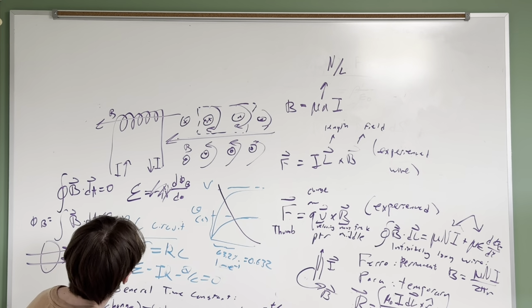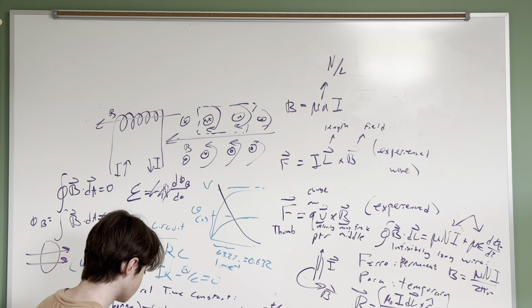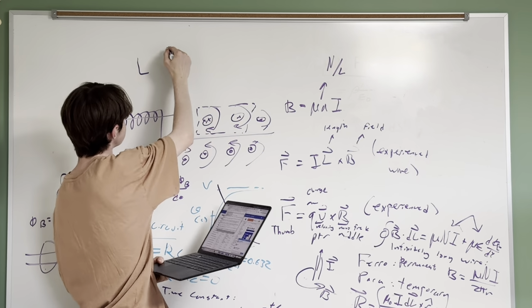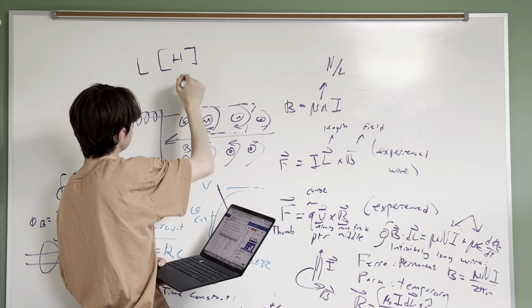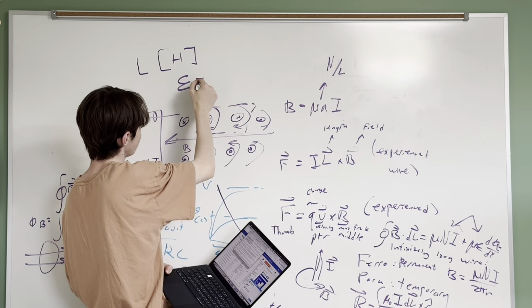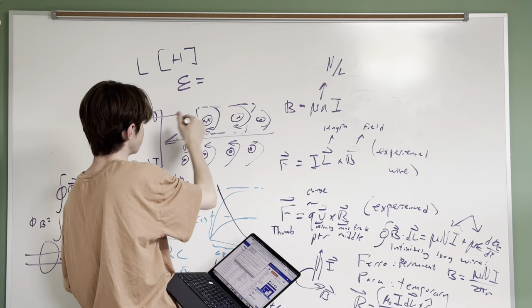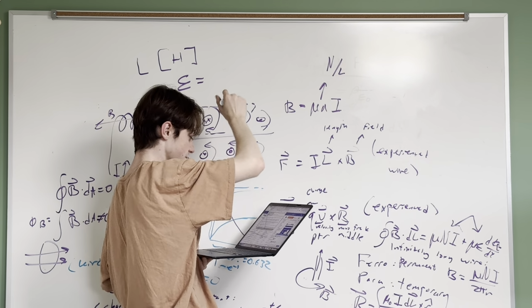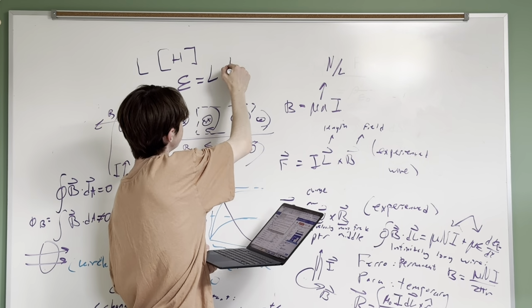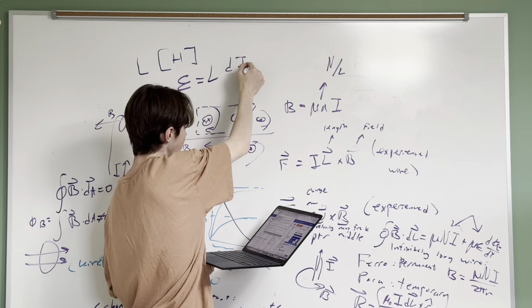And finally, we have inductors. Inductance is L, measured in henries, and the induced EMF, or potential difference across an inductor, is equal to L dI/dt.